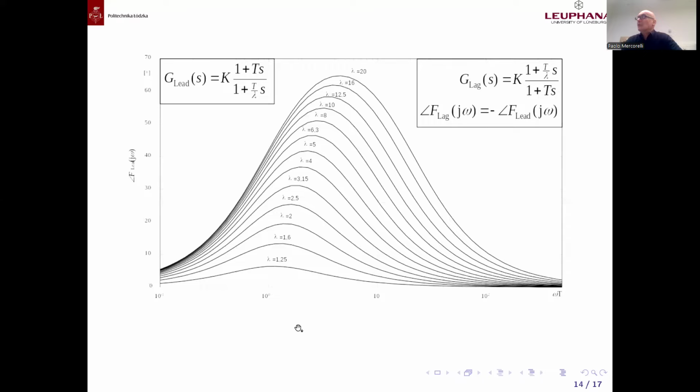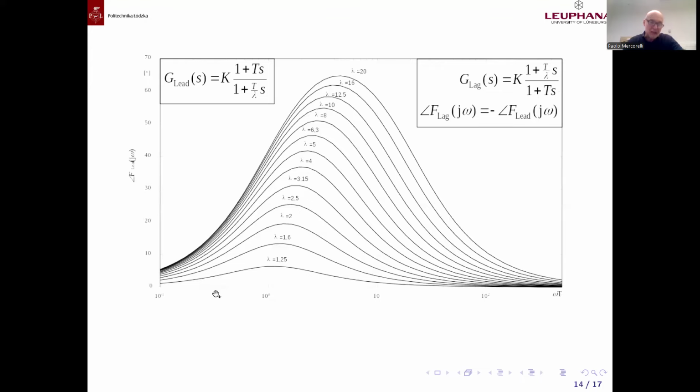The computer can realize a much better resolution. Here we can see that I put a different phase. This is the phase of this function here for different lambda as a function of omega t. Now, in our case, I need to achieve the goal of no oscillations.